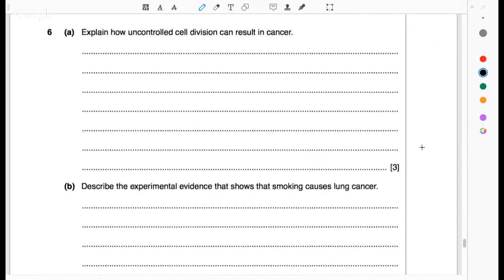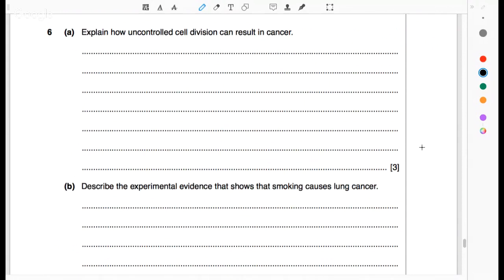Explain how uncontrolled cell division can result in cancer. Okay. Uncontrolled cell division by mitosis forms an irregular mass of cells, aka a tumor.